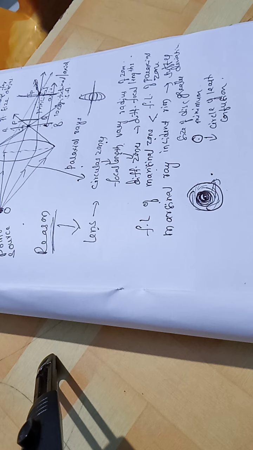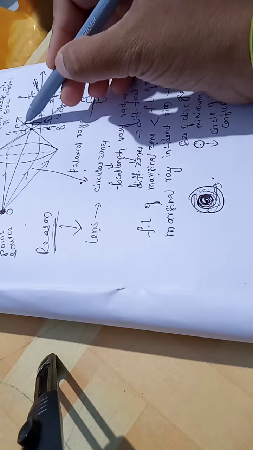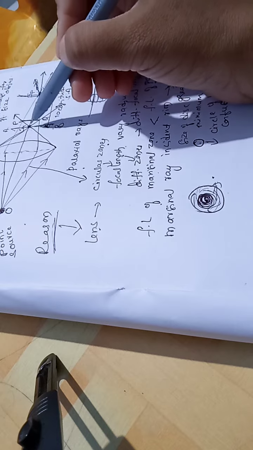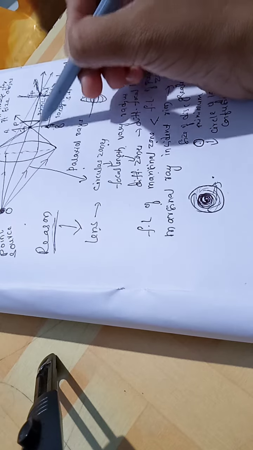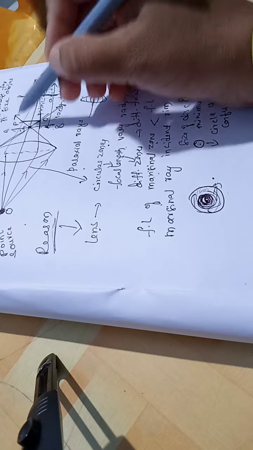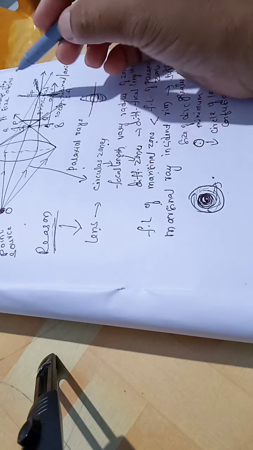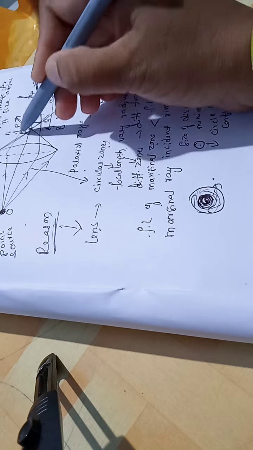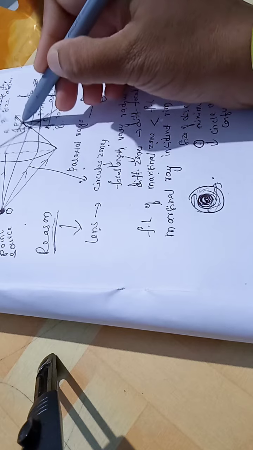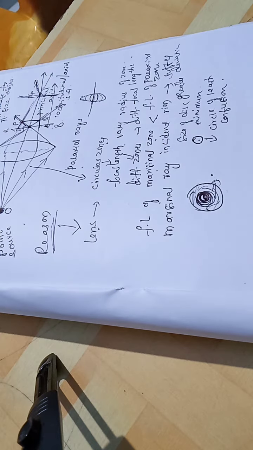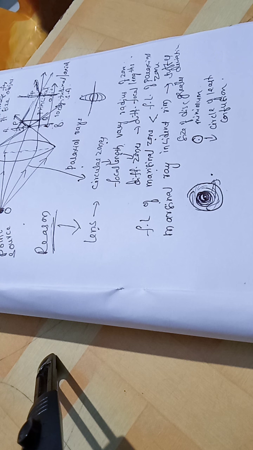Right? Now here you just observe carefully. At PQ position, see, this is marginal ray, this is paraxial. Here also, this is marginal ray, this is paraxial. Means at this PQ, the marginal and paraxial rays are intersecting with each other.